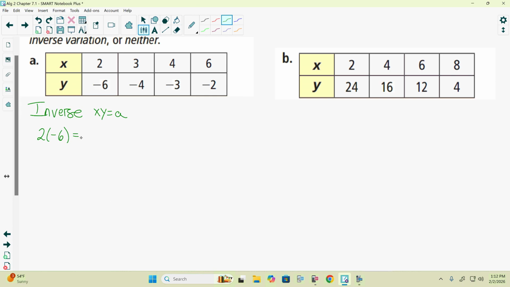I'd just start off with 2 times negative 6, which is negative 12. Well, 3 times 4 is 12, so 3 times negative 4 would be negative 12. Well, if you notice the next one, 4 times negative 3 is just the flip, and then lastly 6 times negative 2.